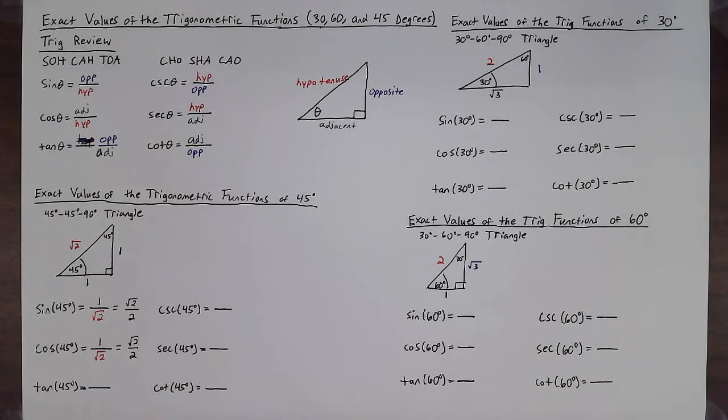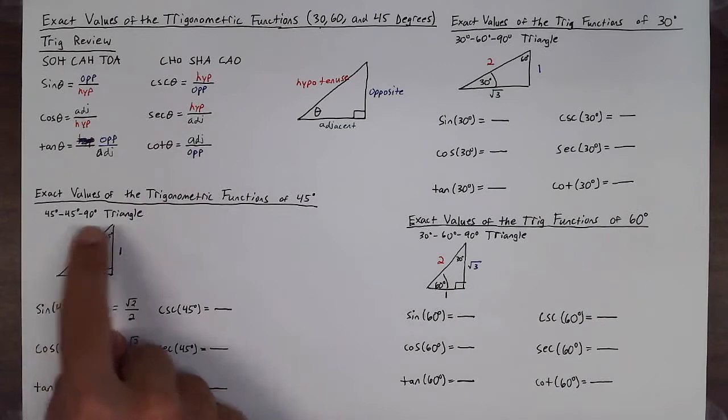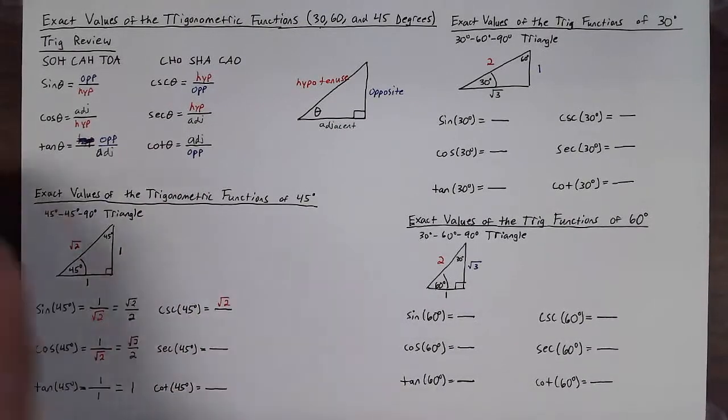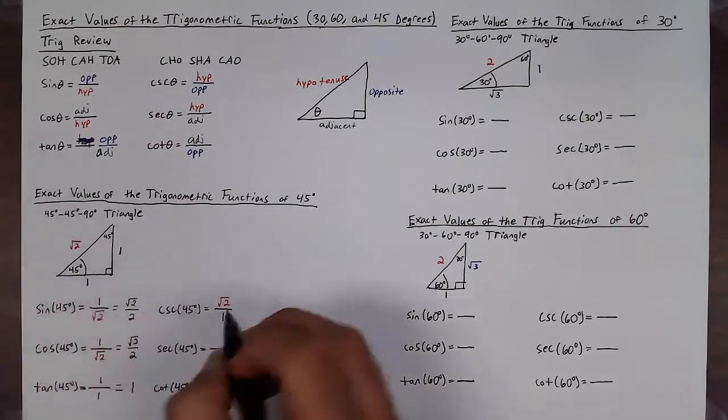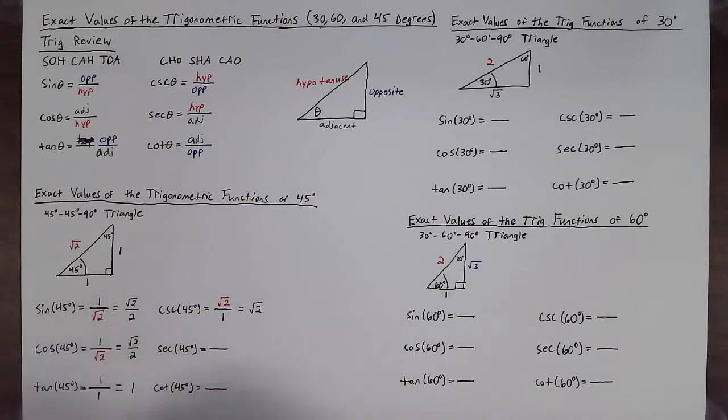Now tangent, we know, is opposite over adjacent, would give me 1 over 1, which just simplifies to 1. Pretty straightforward. And cosecant, now we know that as the reciprocal of sine, but just using our definition up top, is the hypotenuse over the opposite side. So the square root of 2 over 1, which just simplifies to the square root of 2. Secant has a very similar solution.